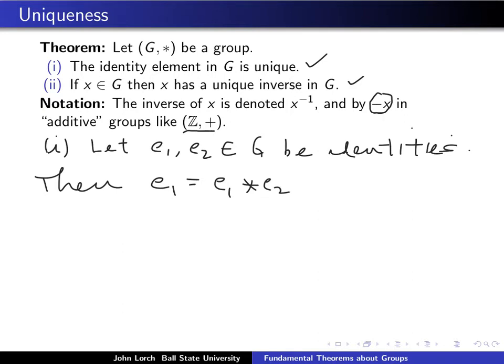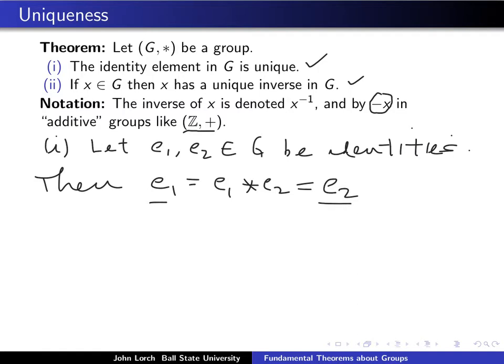Right? If I take anything times E2, I should wind up with what I started with. Now likewise, because E1 is an identity, anything times E1 should be the thing I start with. So that says that E1 star E2 should be equal to E2, and the upshot of this is that E1 and E2 must be the same.